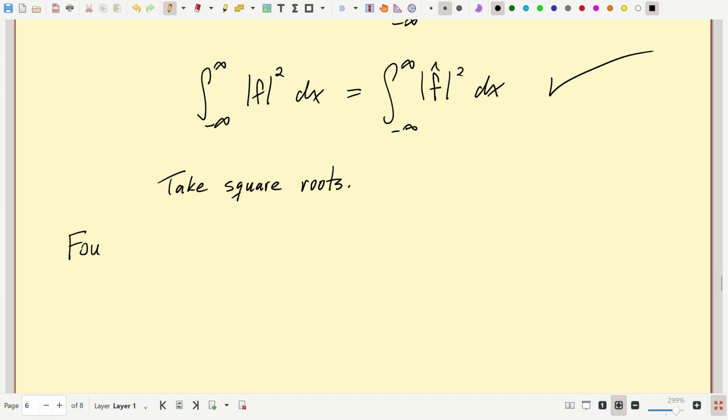And that's a fascinating thing that is quite useful in the theory. The Fourier transform is an isometry. It preserves length in the L2 norm.